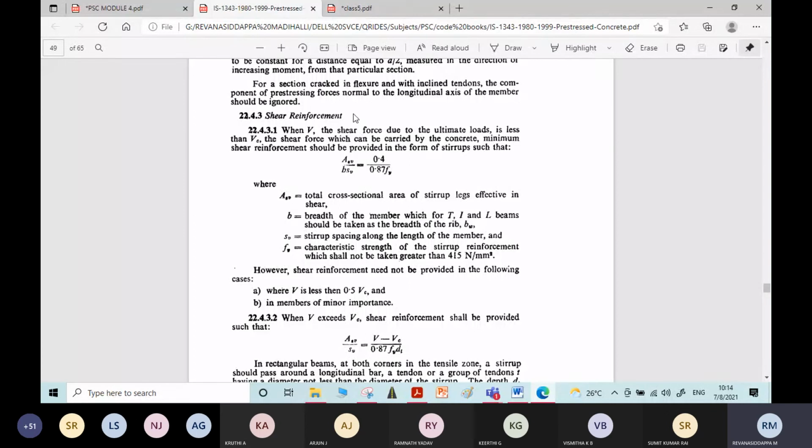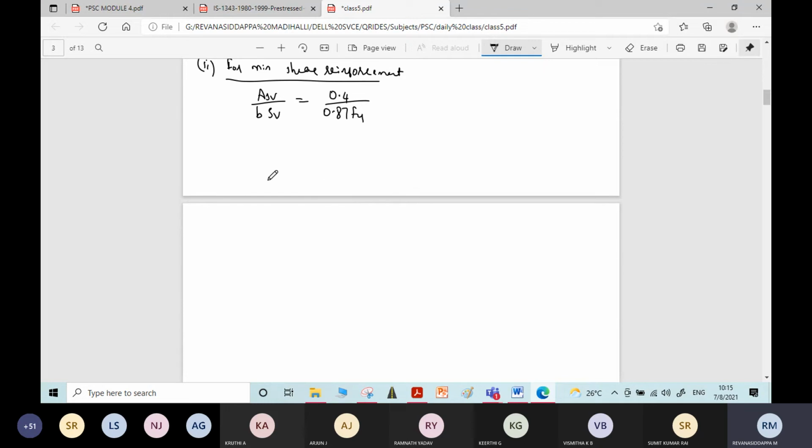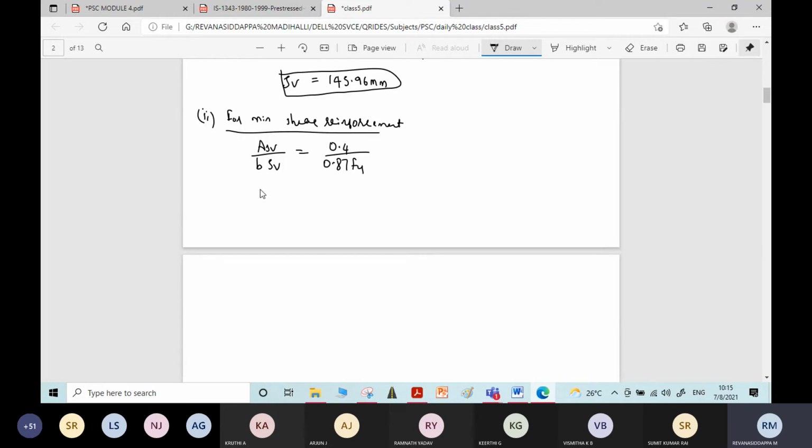Then second calculation using another formula for minimum spacing. ASV by B SV is equal to 0.4 divided by 0.87 Fy. ASV is 100.53. B, width of beam, 150, into spacing, we need to calculate. 0.4 divided by 0.87 into 415. What is the spacing?